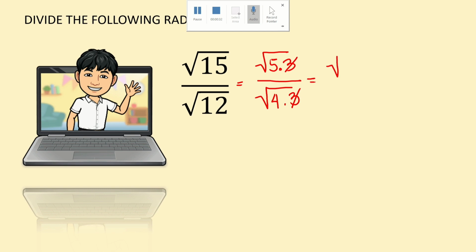Then we now have square root of 5 all over square root of 4. And let's check if there is a perfect square. If we examine square root of 5, it's not a perfect square, while square root of 4 is a perfect square, meaning there is a root. So we can simplify square root of 5 all over square root of 4 as square root of 5 all over 2, since the square root of 4 is 2. So our answer here is square root of 5 all over 2.